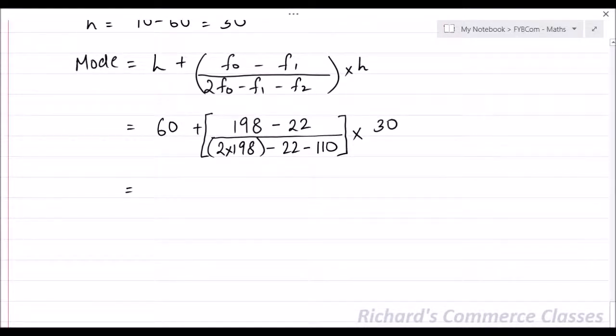Solving that, we get 60 plus 198 minus 22, that is 176, divided by 2 into 198, that is 396, minus 22 minus 110, into 30.